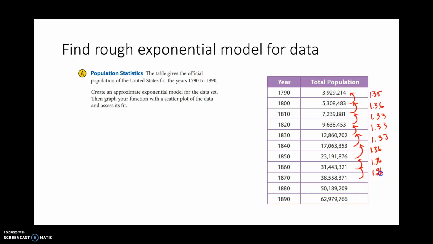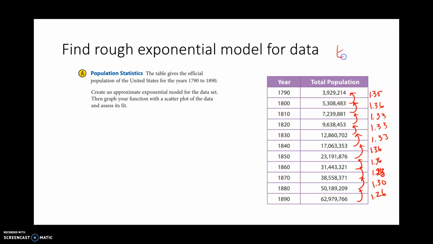This one is 1.23, which is a little different. Now remember, this is real world data. We are trying to see if we can fit it to an exponential model, so these might not all be exactly the same, but they're really close.